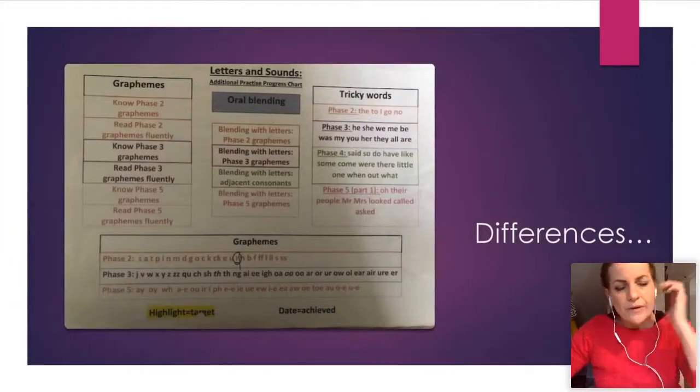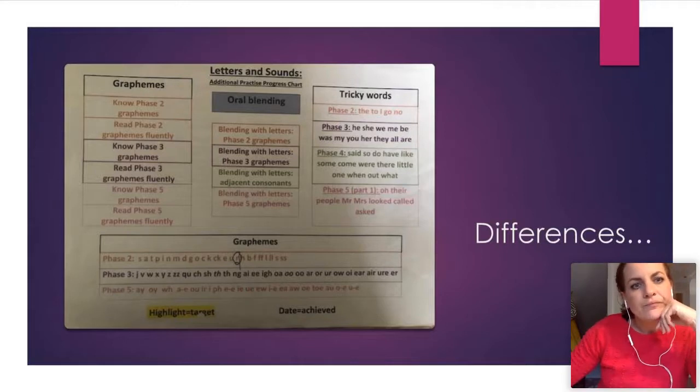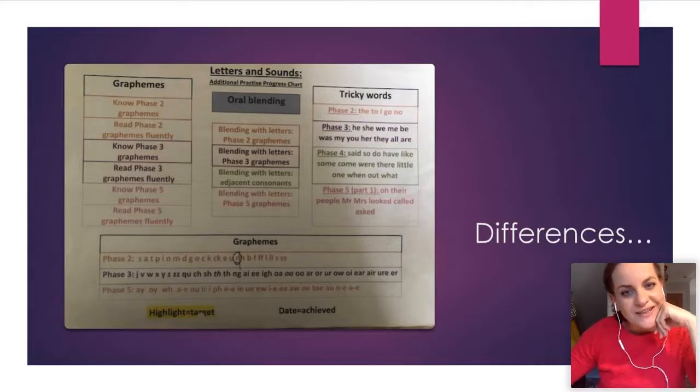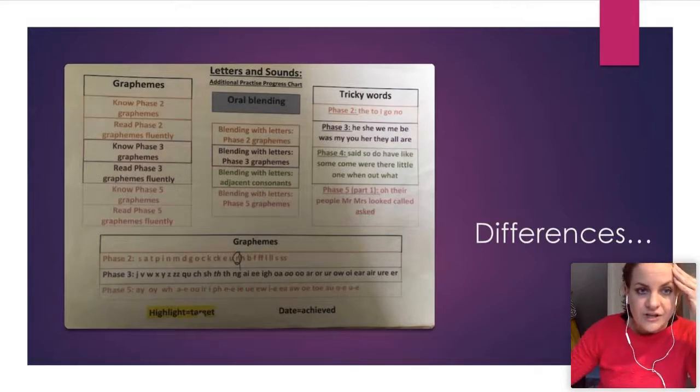So I'm going to share with you now what I call a progress through word reading chart. It's got some scribbles on, I do apologise, but I do use these. This is a progress through reading chart that we use for the Letters and Sounds programme from the Department for Education, the DfE, in the UK.